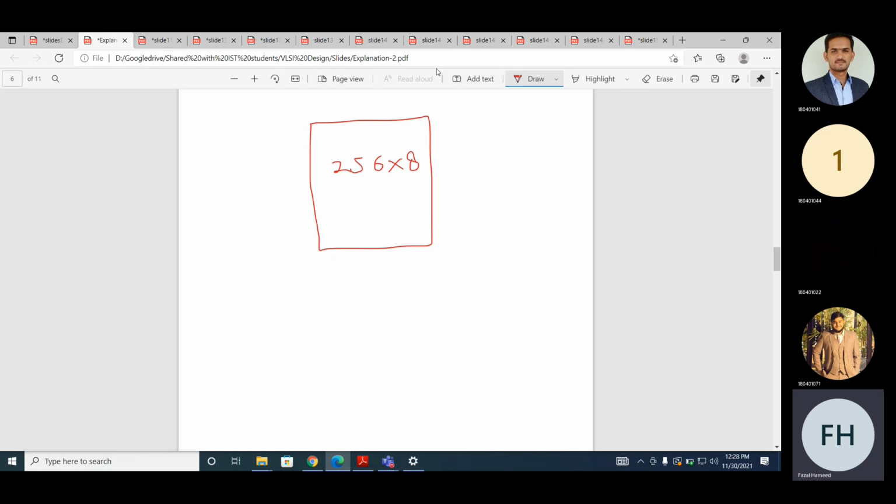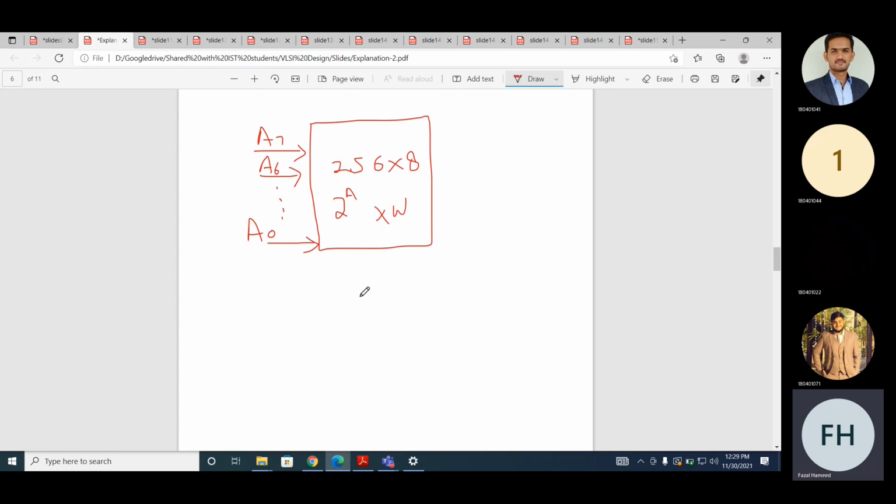How many locations can it store? 256 locations. So what will be the address lines? A7, A6, down to A0. So how many storage locations will there be? Actually it will have 2 raised to power A cross W.